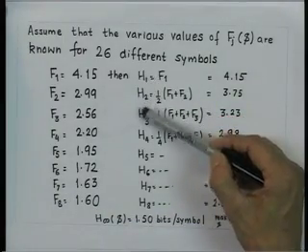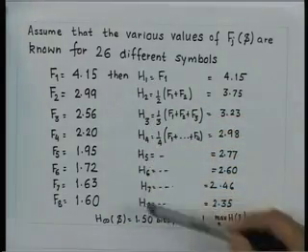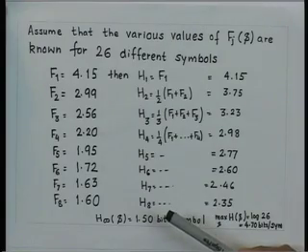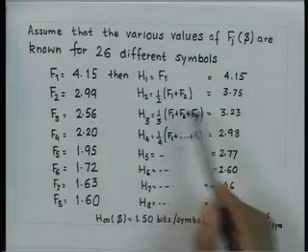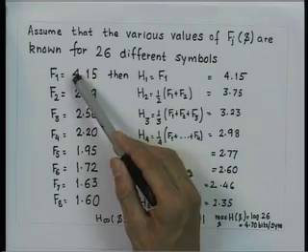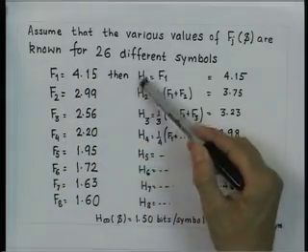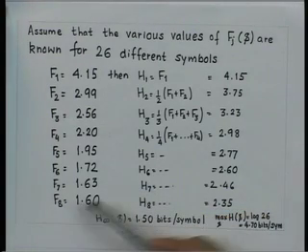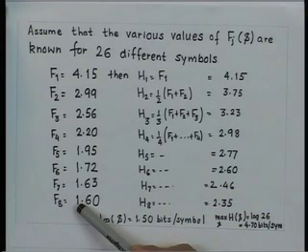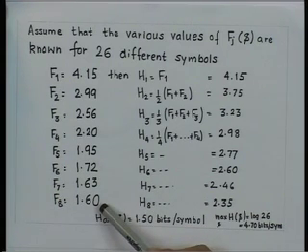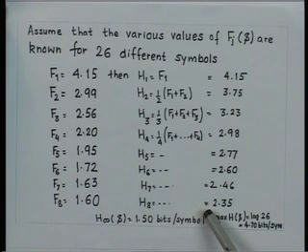Similarly, you will find that Hn is a monotonically decreasing function of n. Now, you can see that Fn decreases much faster than Hn. When I reach F8, the value for entropy turns out to be 1.60 bits per symbol, whereas H8 is 2.25 bits per symbol.